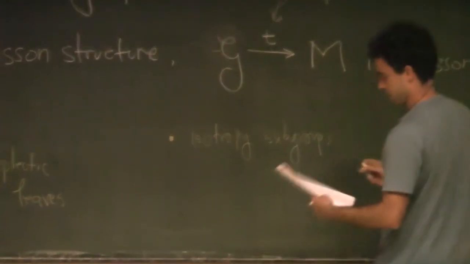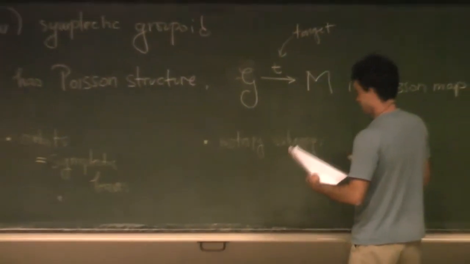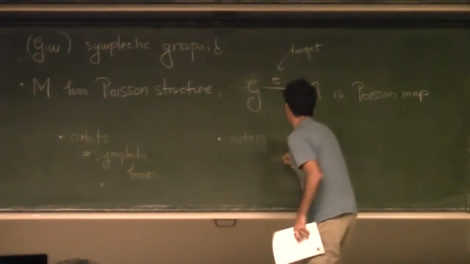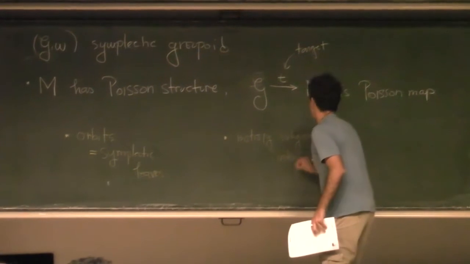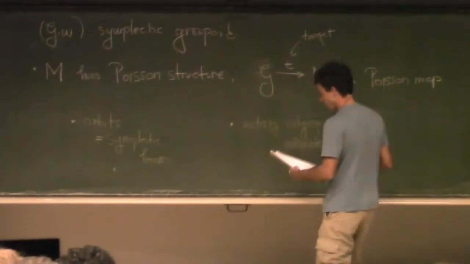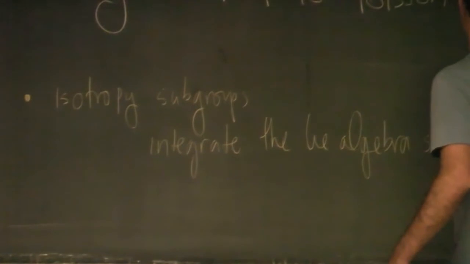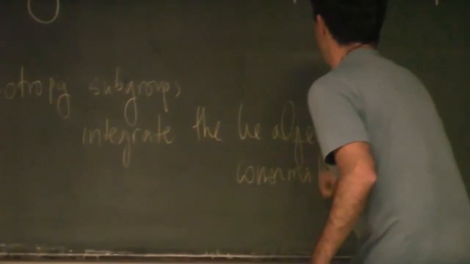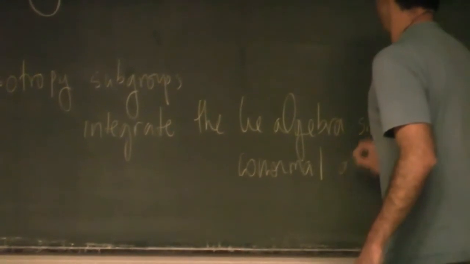In the case of a symplectic groupoid, these are Lie groups, and they integrate the Lie algebra structure on the conormal bundle of symplectic leaves.